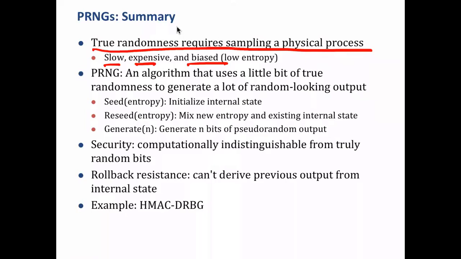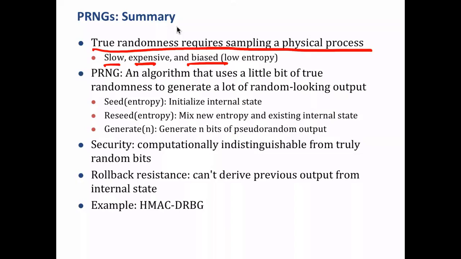And hence there is a motivation for the generation of pseudo random numbers. We take periodically the output of the true random number generator, or the entropy, and initially use it as seed, and then later on we reseed it with these outputs whenever entropy inputs are available.